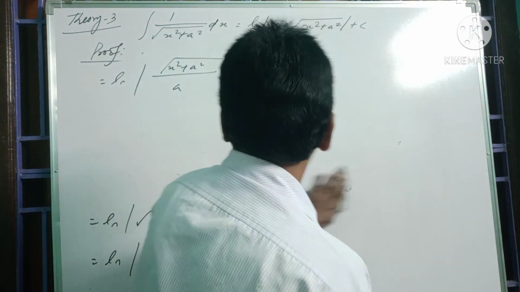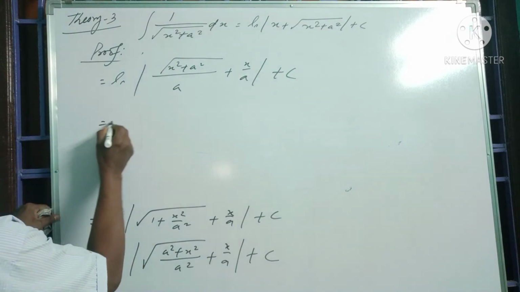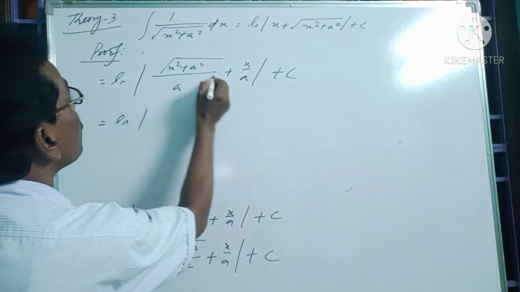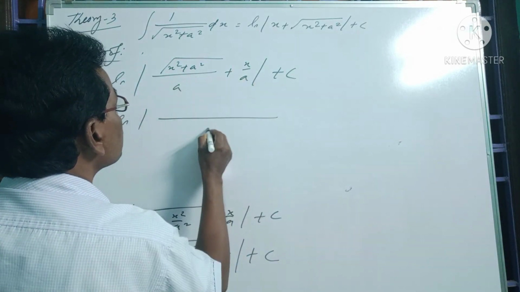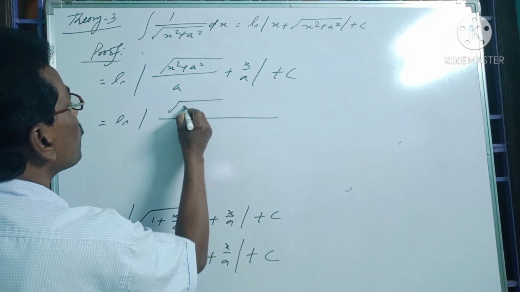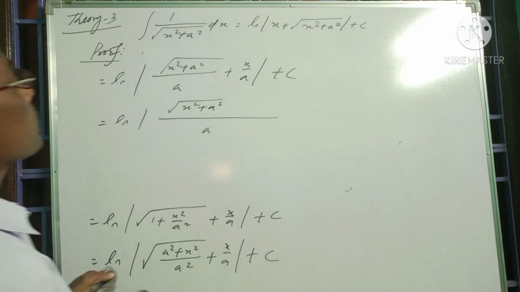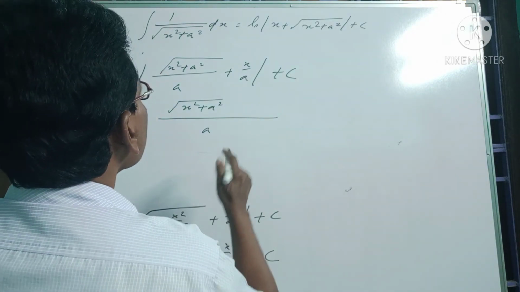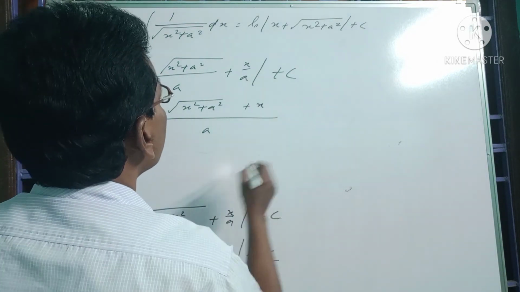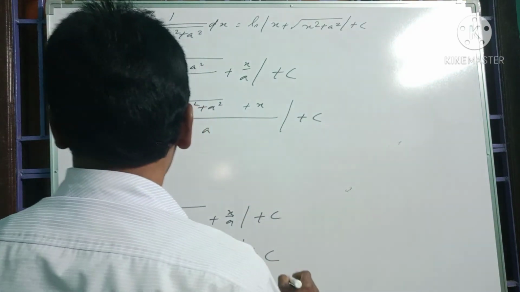Again simplifying, adding, the LCM is a, that is root over of x square plus a square plus x, mod, plus c.